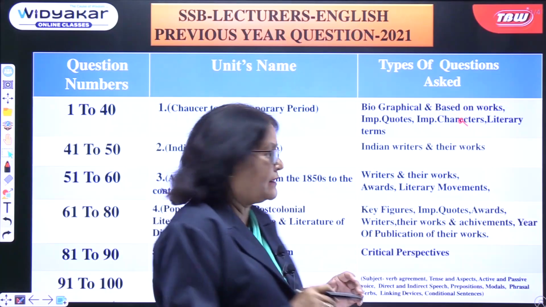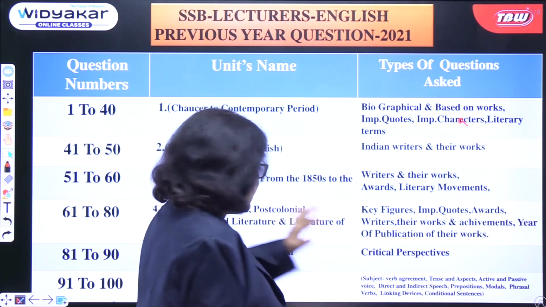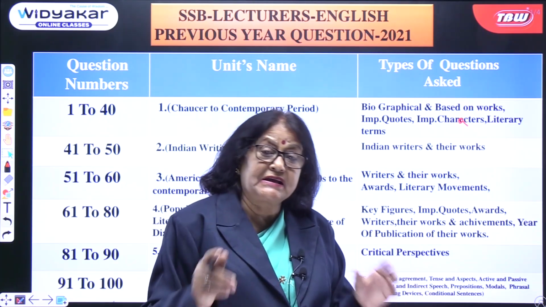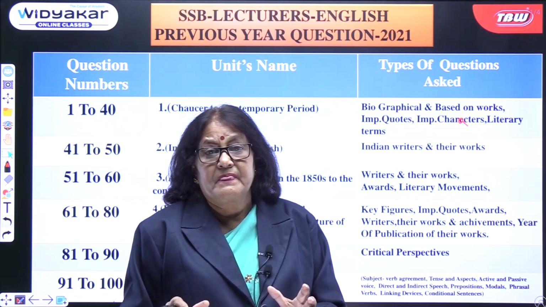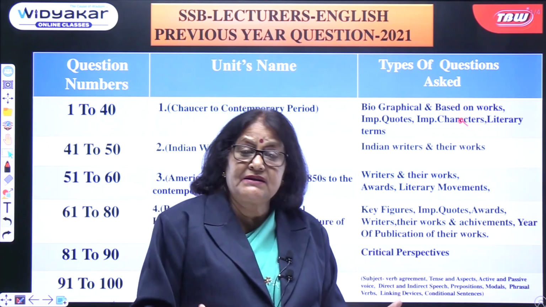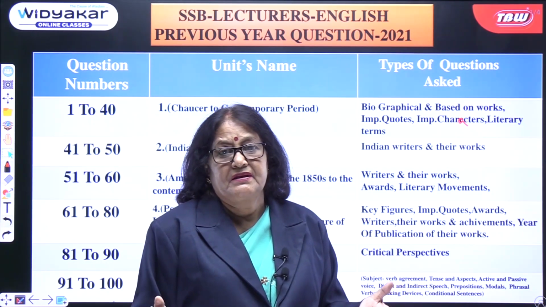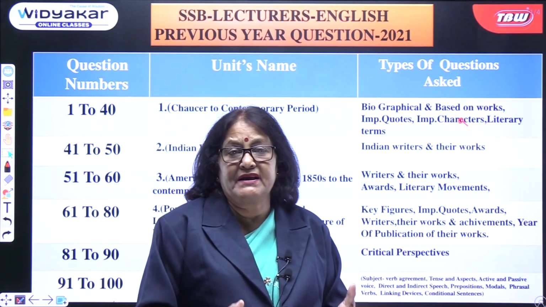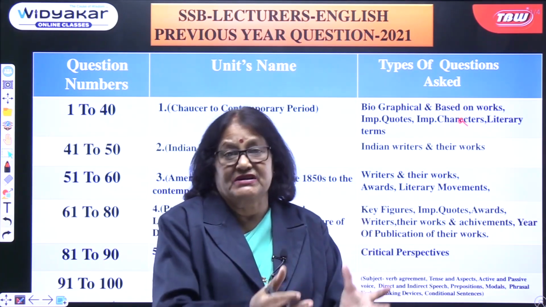Then literature of diaspora is a significant part, because many prominent Indians have left the country and settled in the United States, Germany or the United Kingdom, like Kiran Desai, Jhumpa Lahiri, Amitav Ghosh. Those write literature of diaspora.